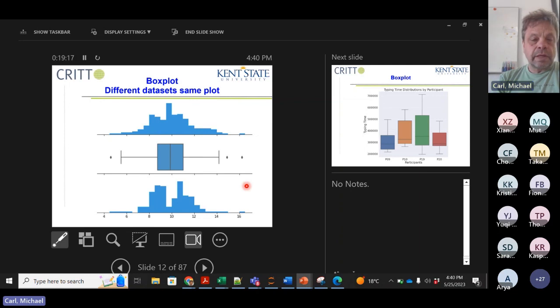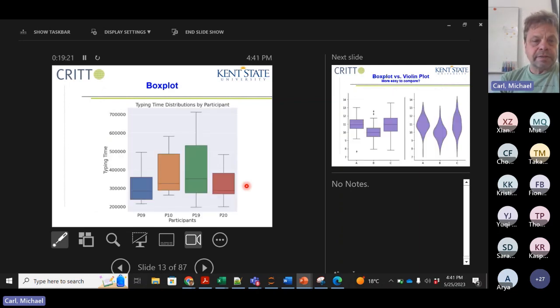Okay, so again, yesterday we looked into some box plots from the translation sessions, and we can see here that different participants have different amounts of typing time, or different typing patterns, if you like.